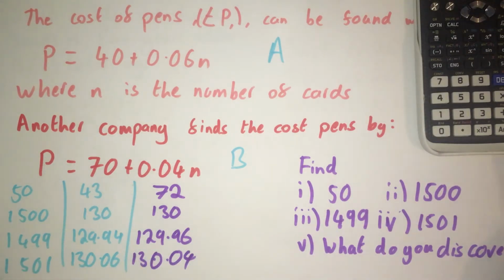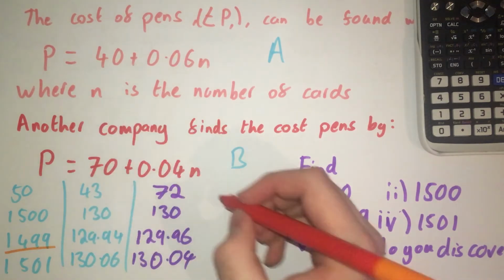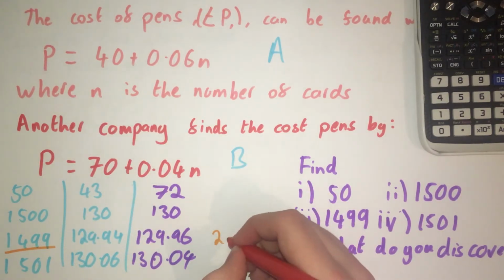Now we want to find what we discovered. If we look at the prices, at 1,499 we have a price of £129.94, then 129.96, so company A is cheaper by 2p.